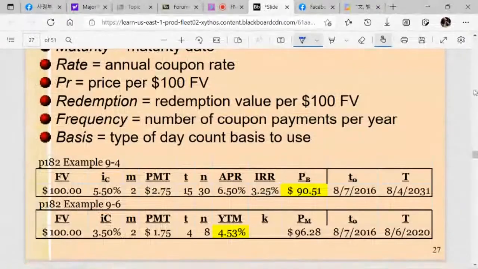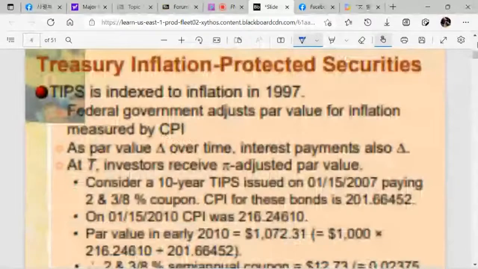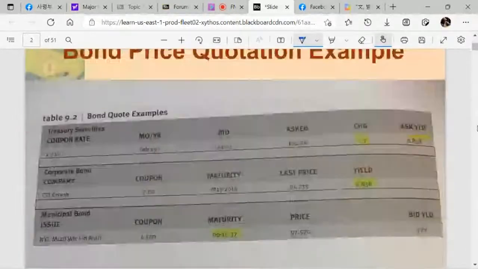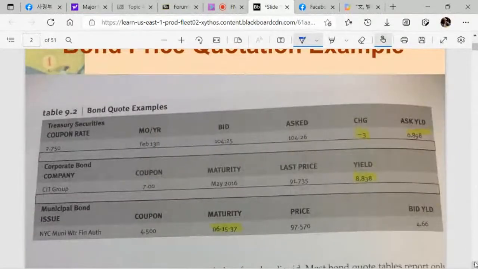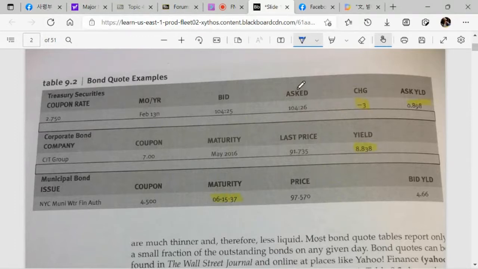when we entered the bond valuation topic, right? The first thing you saw was how the bond prices are quoted in the news media, in the print media. And what you saw there was, what is this? Did I tell you, does anyone remember?